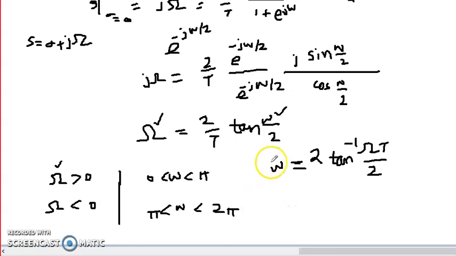Because the digital frequency omega is related to analog frequency, capital omega, like this.